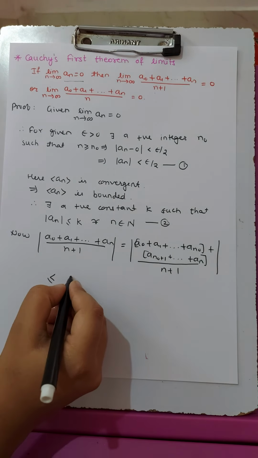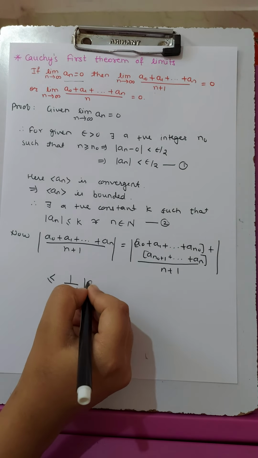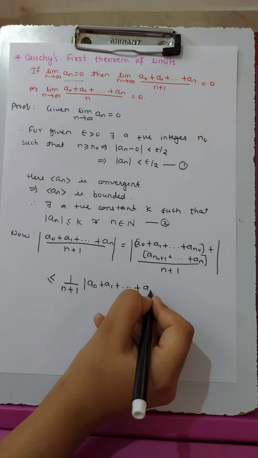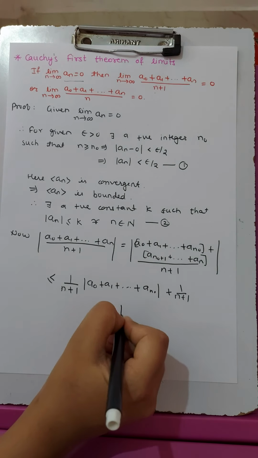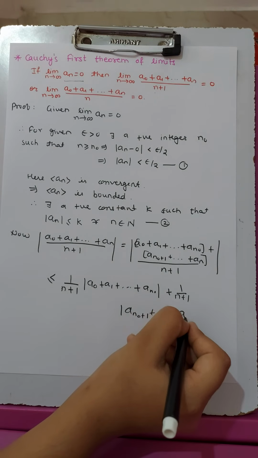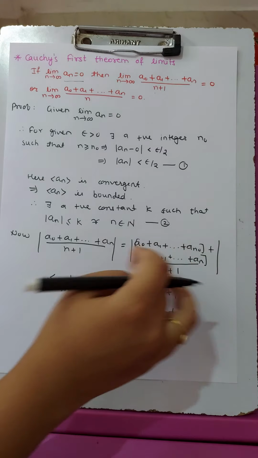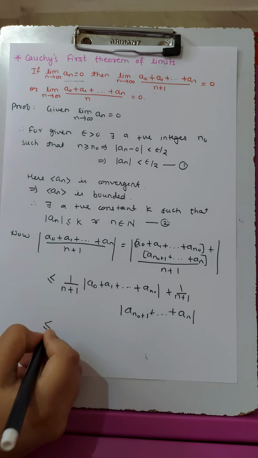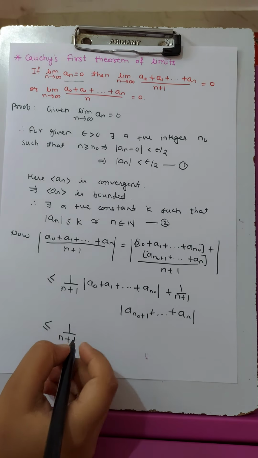So we can rewrite it as 1 upon n plus 1 mod of (a0 plus a1 up to an0) plus 1 upon n plus 1 mod of (an0 plus 1 up to so on plus an). We have just divided the mod into two terms. So this is less than or equal to 1 upon n plus 1.